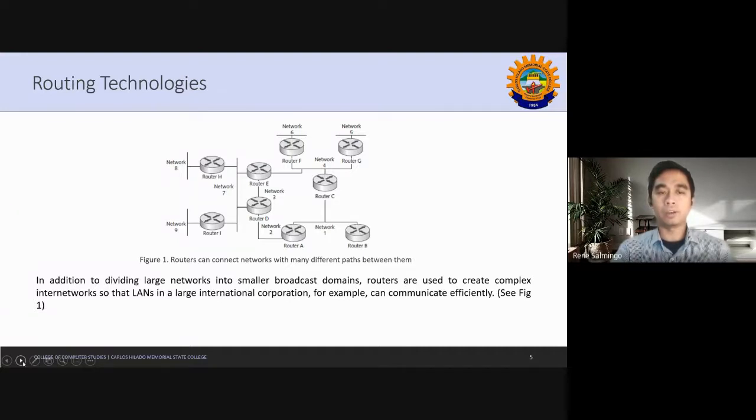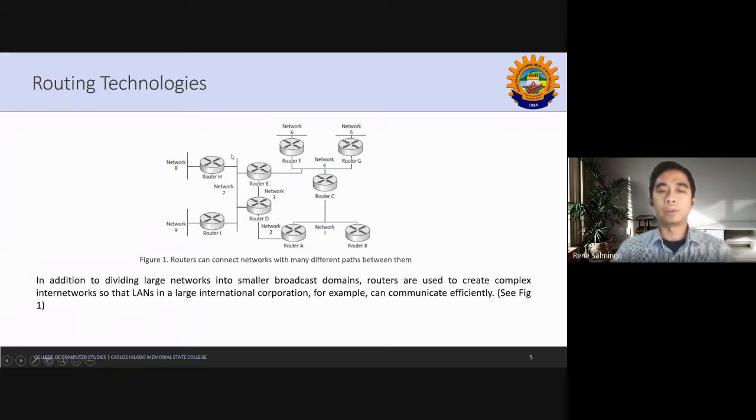In this lecture, it is used to make a complex internetwork so that the local area network can be operated in a large international corporation. In this example, we have several networks, and in each network there is an interconnection on each router.